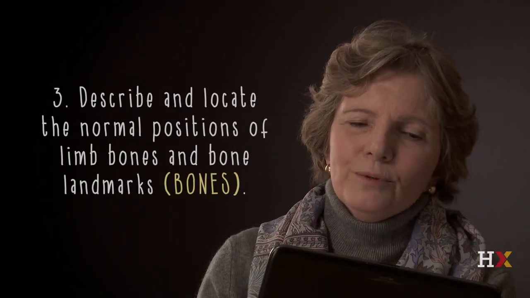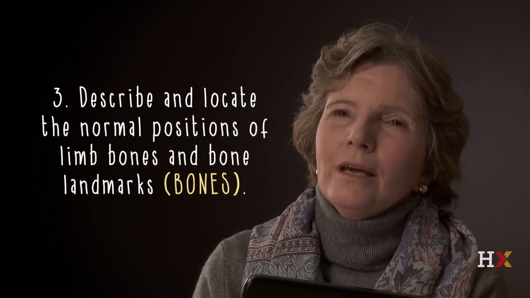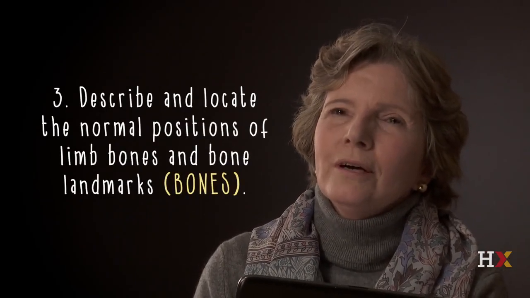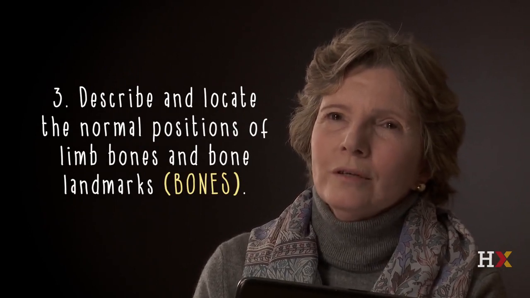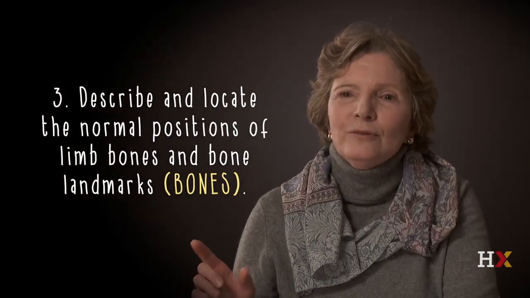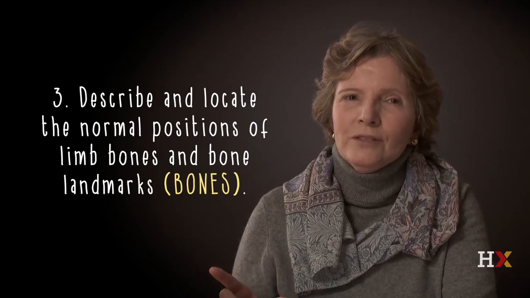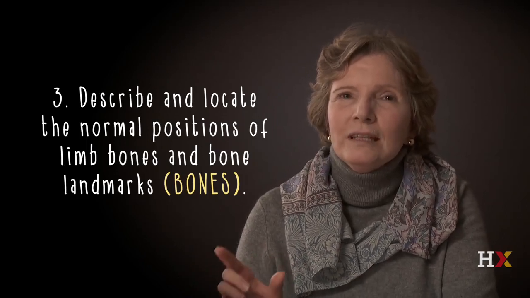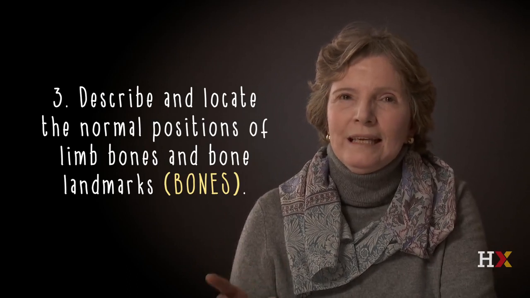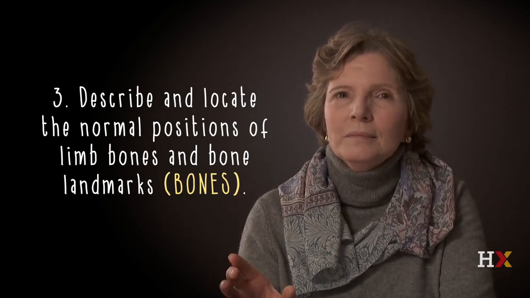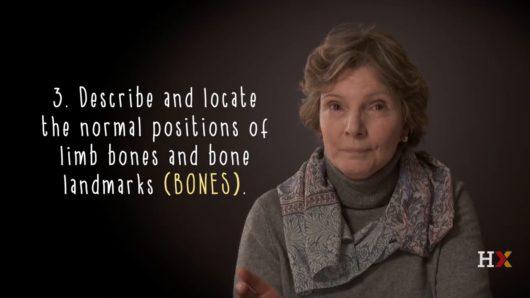Your third objective will be to describe and locate the normal positions of the limb bones and bone landmarks. This is useful because, again, going back to the physician doing the physical examination, we won't be able to see the bones, hopefully, in very many cases, but we can feel them. And again, that's palpation.